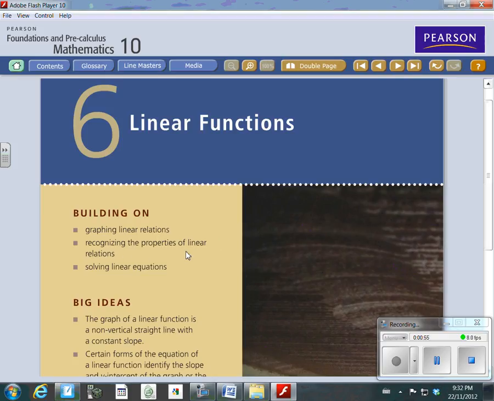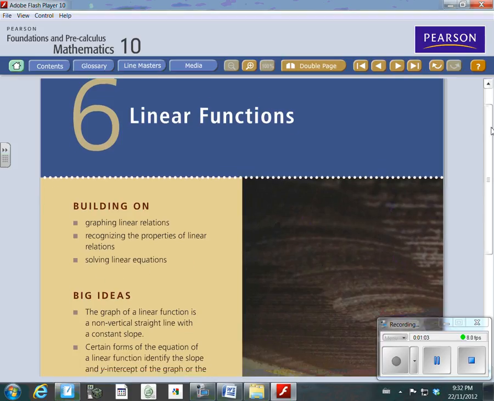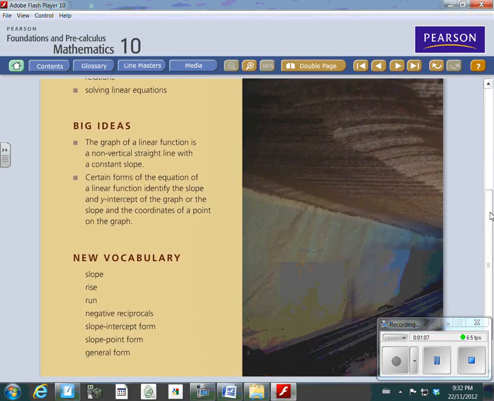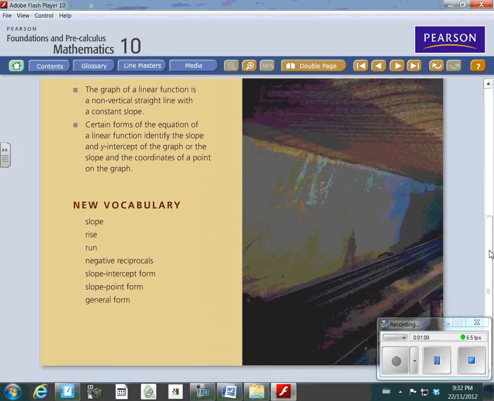We're going to recognize properties of lines, linear relations more specifically, and we're going to solve linear equations.